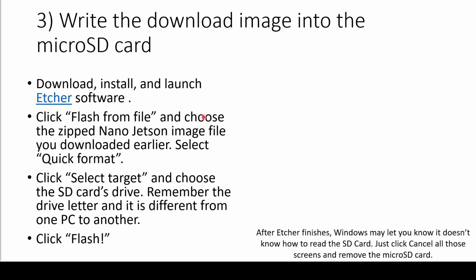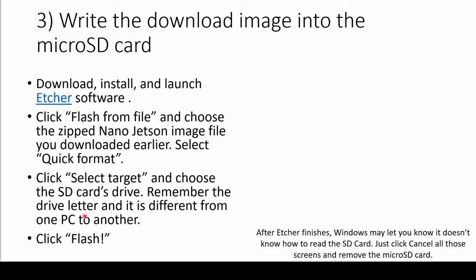There is another software called Etcher, and there are 3 steps to it. Click flash from file, choose the zipped Jetson Nano image you downloaded earlier, select the target, and choose the SD card drive.